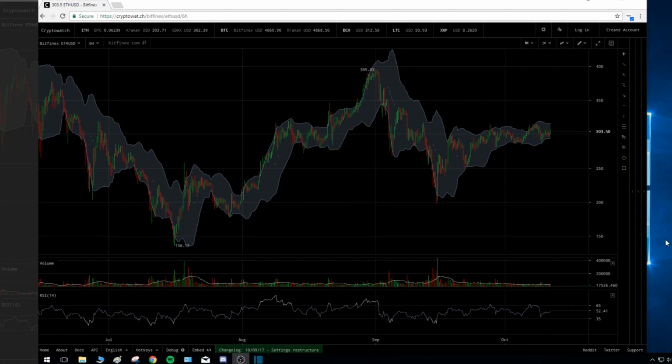So it's important to note that there is actually more information to derive from the RSI, but on a basic level, it's just going to tell us this, right? So if the price is making a new high, but the RSI is not making a new high, this is called bearish divergence. And as the price makes a new low and the RSI does not make a new low, this is called bullish divergence. Okay, so it's just giving us an indication of the strength of the current trend.